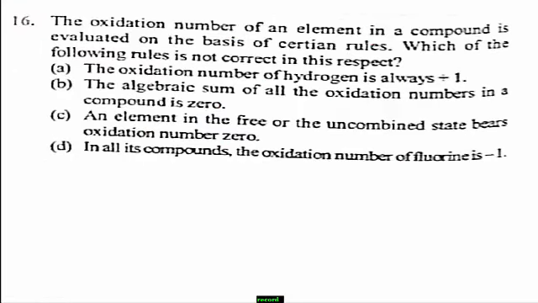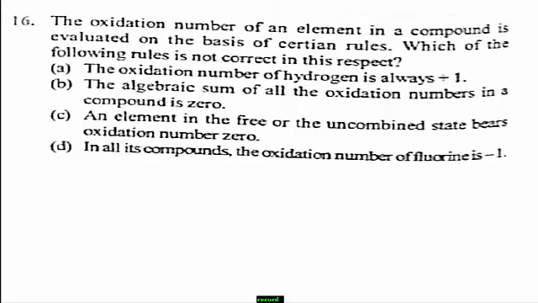Next, question number 16. The oxidation number of an element in a compound is evaluated on the basis of certain rules. Which of the following rules is not correct in this respect? Let's carefully observe the question once again and read.